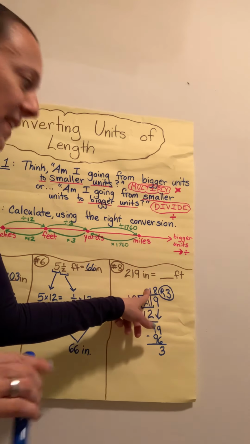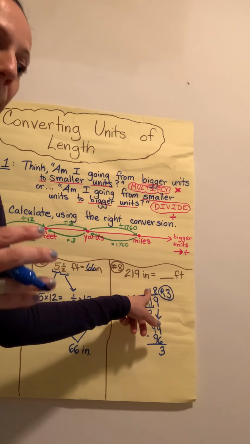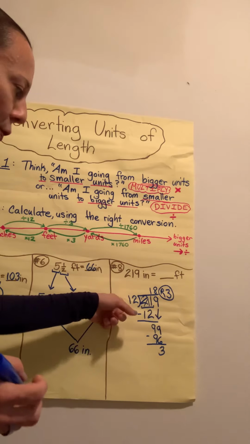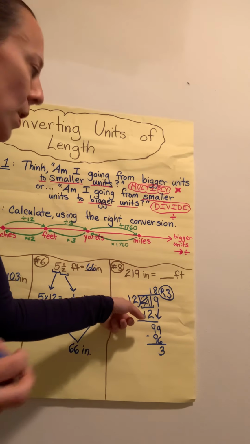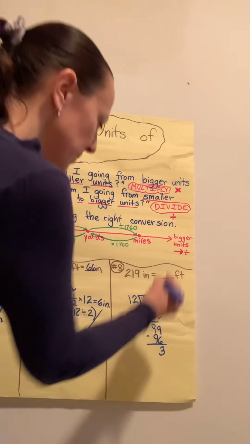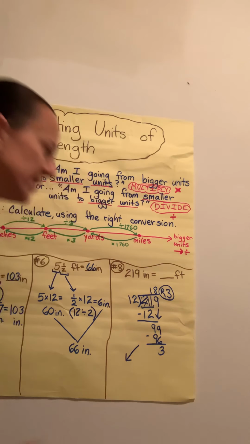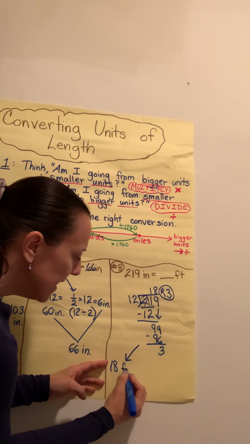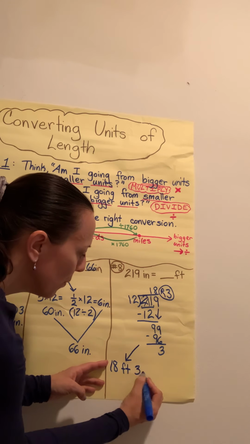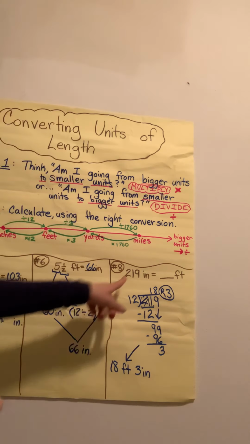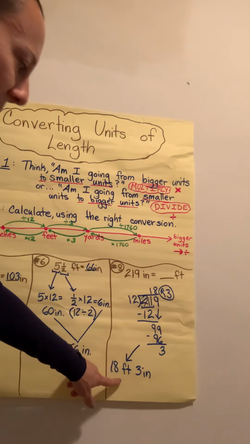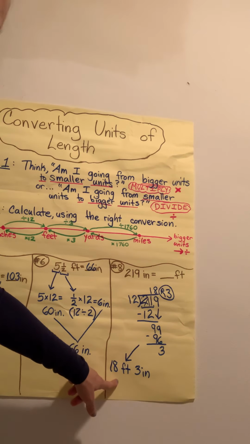I can make 18 whole feet, but then I have 3 inches left over that I couldn't put into a group of 12. So one way I could give this answer is as a combination. I could say 18 feet, 3 inches. So 219 inches is equivalent to 18 feet, 3 inches.